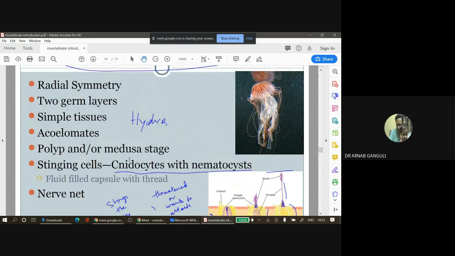As you can see, this is a jellyfish. They are basically groups of jellyfishes. If you see a jellyfish from the top, you can divide it into many planes.